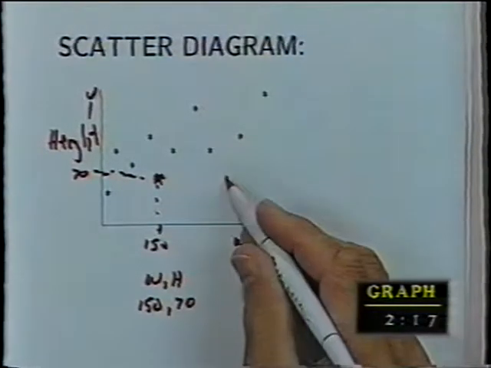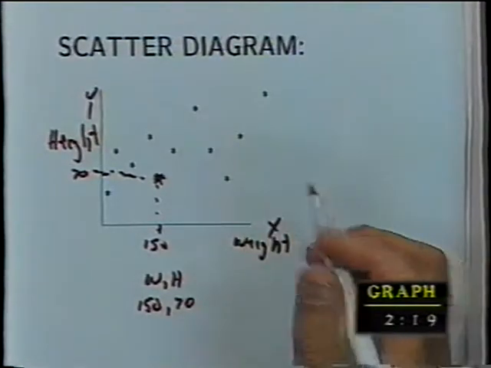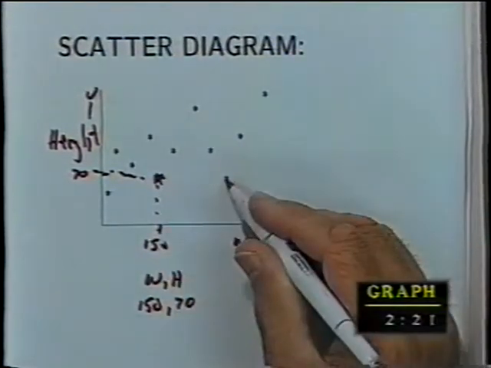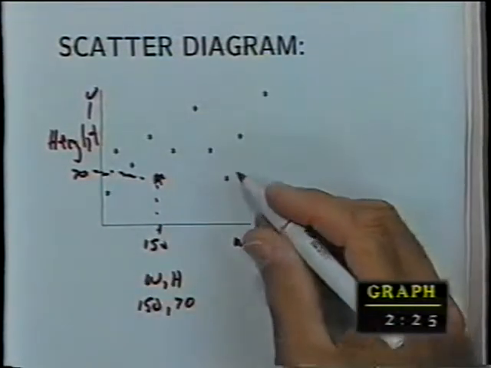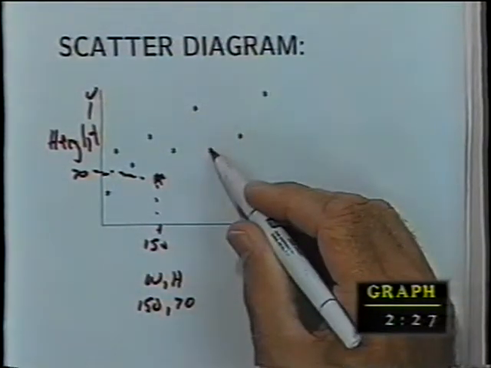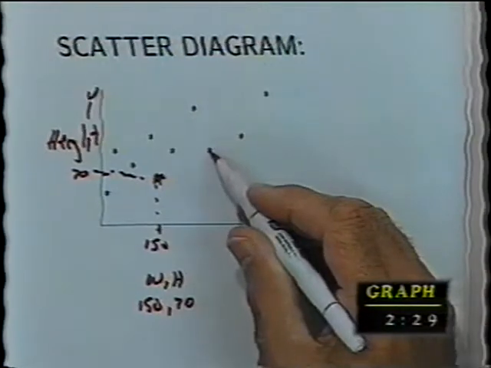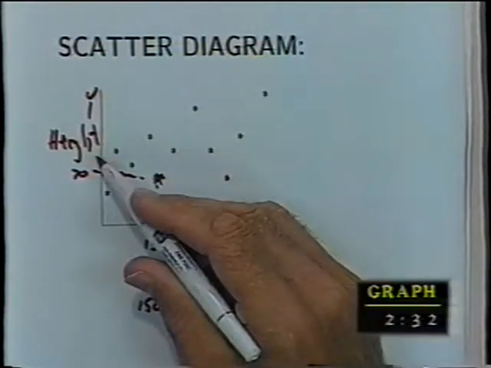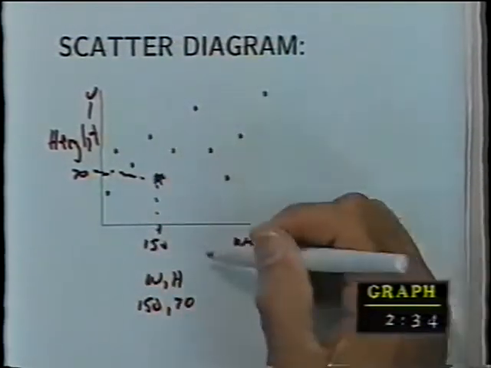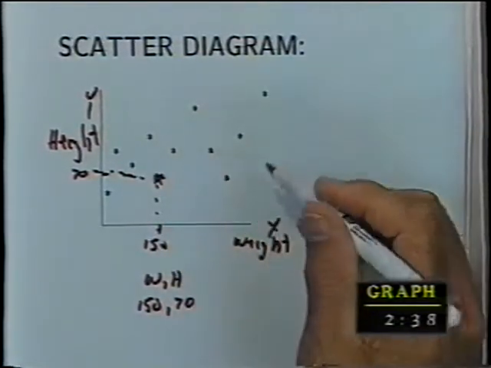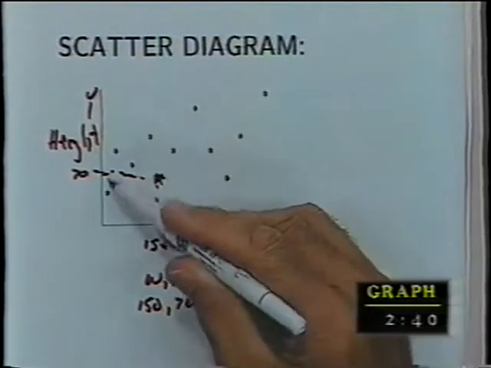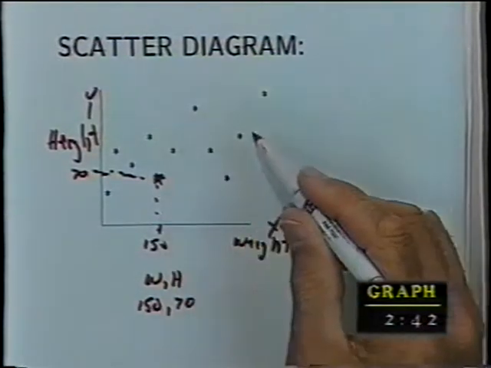And each of these asterisks on the picture represents a person's weight and height. This person might weigh 175 and be 72 inches high. This person might weigh 160 and be 76 inches high, and so on. And each asterisk or point or X or letter or symbol, whatever, on the chart, will represent a measurement.